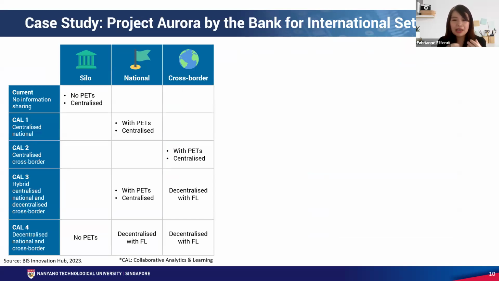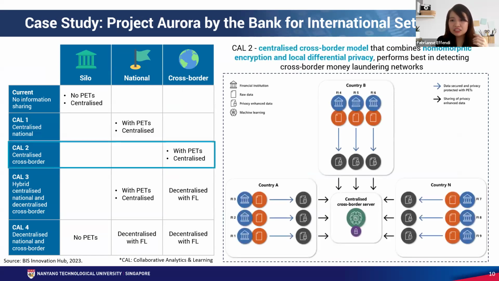It explores and compares different approaches in detecting money laundering activities. What they found is that the centralized cross-border model that combines homomorphic encryption and local differential privacy performs the best in their various scenarios in detecting suspicious money laundering networks. This POC thus highlights the potential of privacy-preserving technologies in collaborative anti-money laundering.